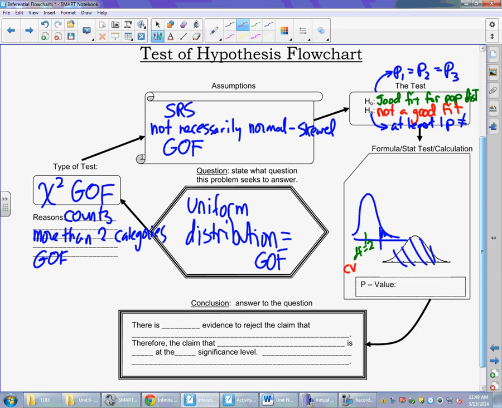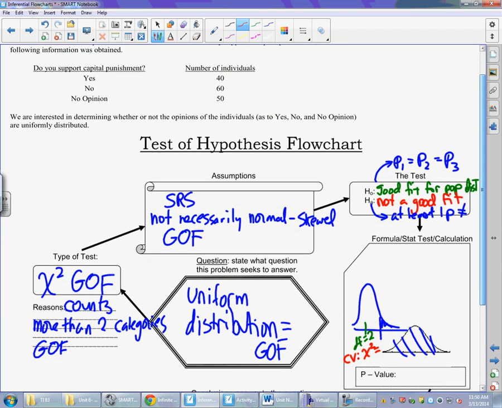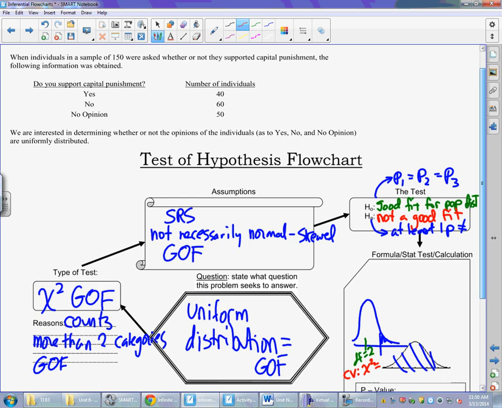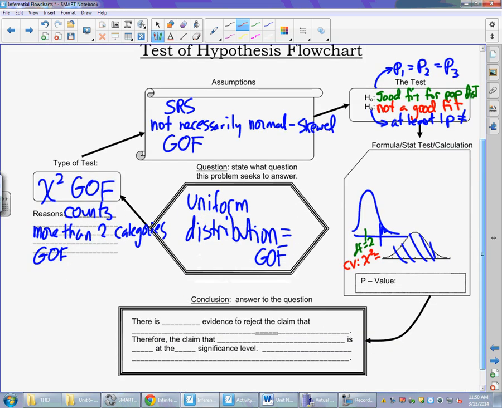We need the critical value of chi-square, which you go to the tables for. Good question. Doesn't say, so we're going with 0.05. 5.99.